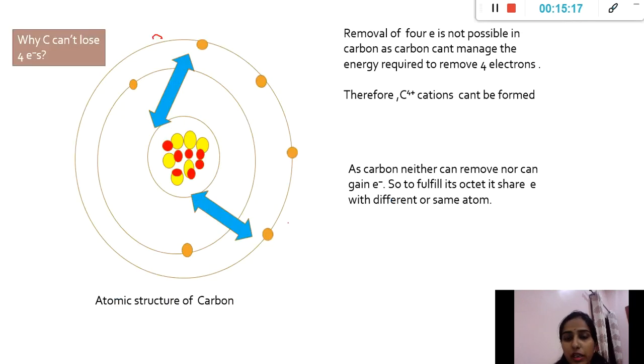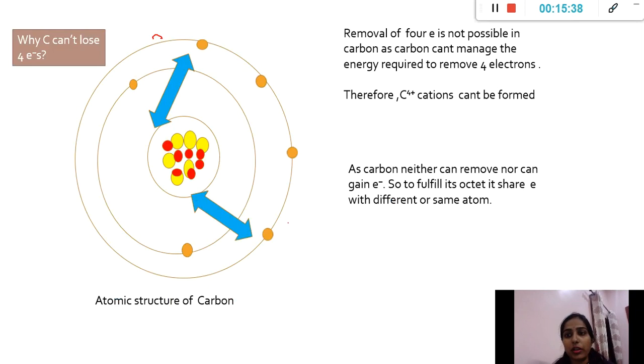As we have seen, carbon can neither lose 4 electrons nor gain 4 electrons. So, in order to fulfill its octet, it shares electrons with different or same atoms.